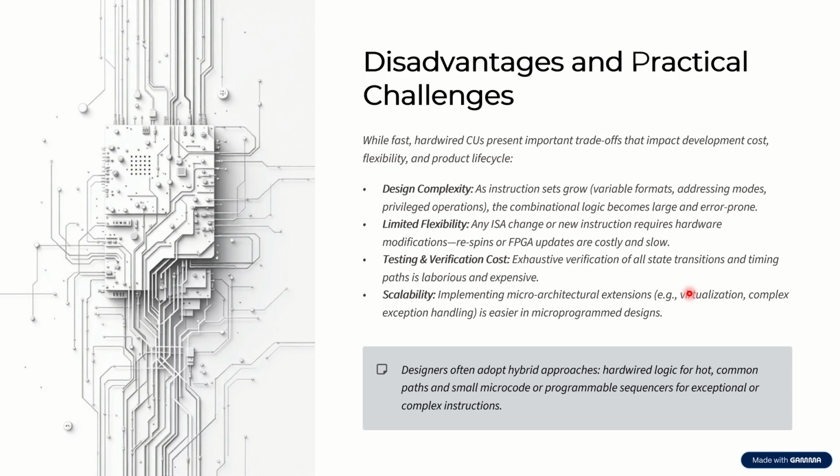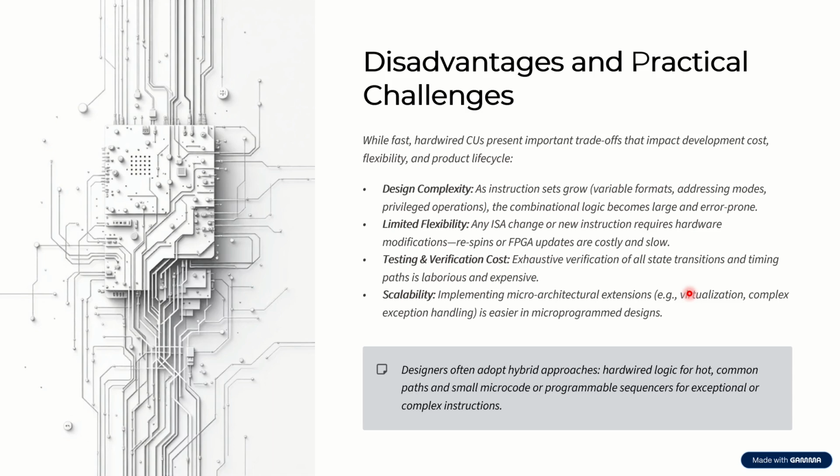As the instruction set grows, with variable formats, addressing modes, and privilege of operations, the combinational logic becomes large and error prone. The second disadvantage is limited flexibility. Any ISA change or new instruction requires hardware modification, and respins or FPGA updates are costly and slow.